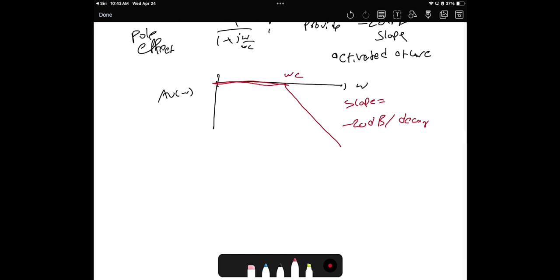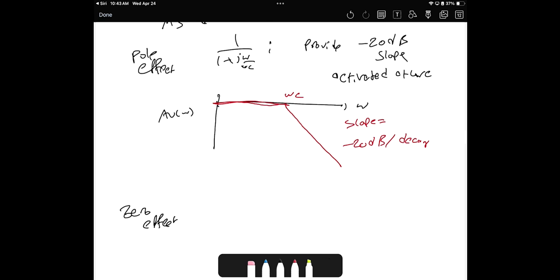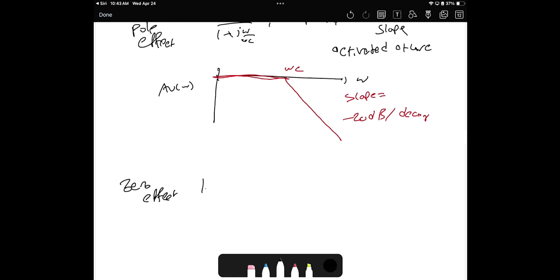Then we have the other thing, which is the zero effect. The zero effect will be 1 plus j omega over omega c. This one provides a positive 20 dB per decade slope, activated at omega c.